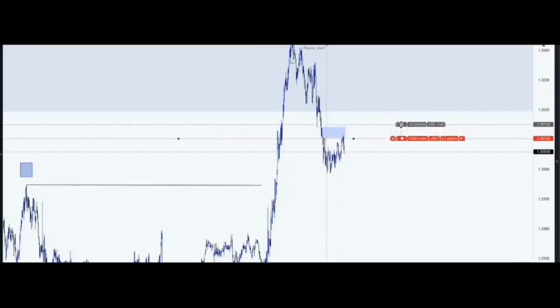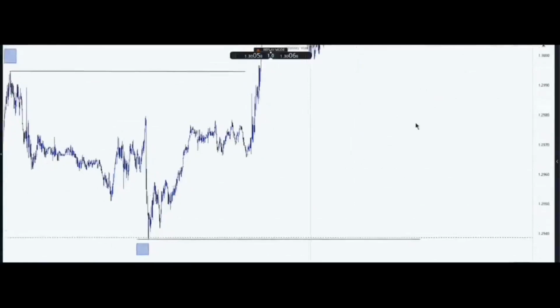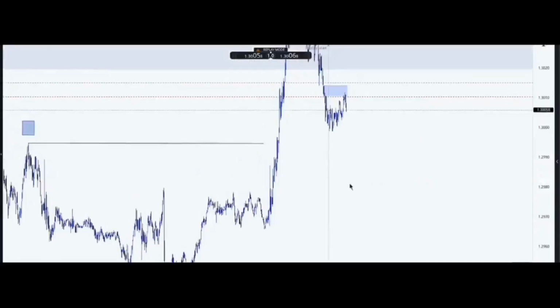Just give a buffer, and then our TP somewhere here. Okay, that's our TP. That's a fairly good trade if it goes our way.